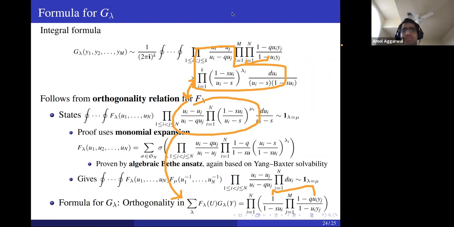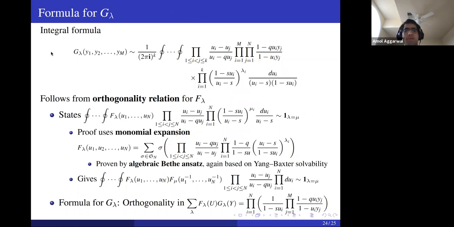Now let me undo this mess. Okay, how is this orthogonality relation related to the Yang-Baxter equation? It uses a monomial expansion for f, so you can write down an explicit formula for f. It's given by a symmetrization identity over here, and the proof of that symmetrization identity is through something called the algebraic Bethe ansatz, which is also based on the Yang-Baxter integrability.